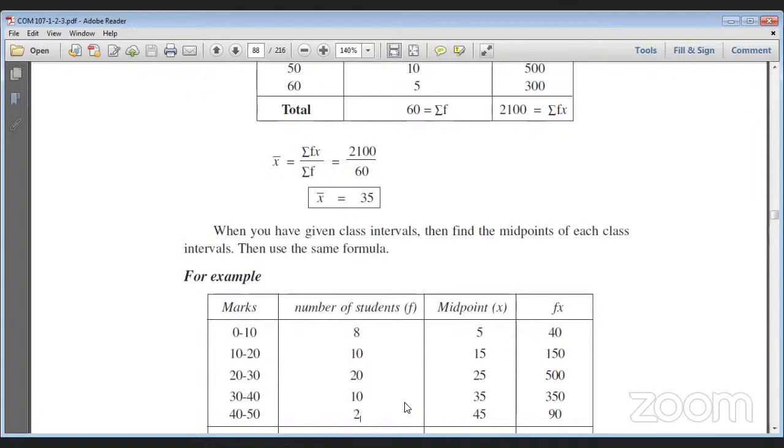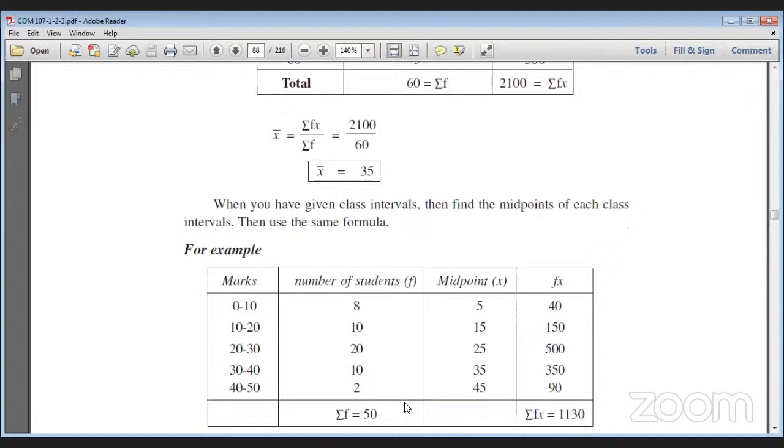Then 30 to 40, the number of students is 10 and the midpoint is 35, so 10 into 35 is 350. And the last one is the 40 to 50 marks range, the number of students is 2 and the midpoint is 45, so 45 into 2 is equal to 90.